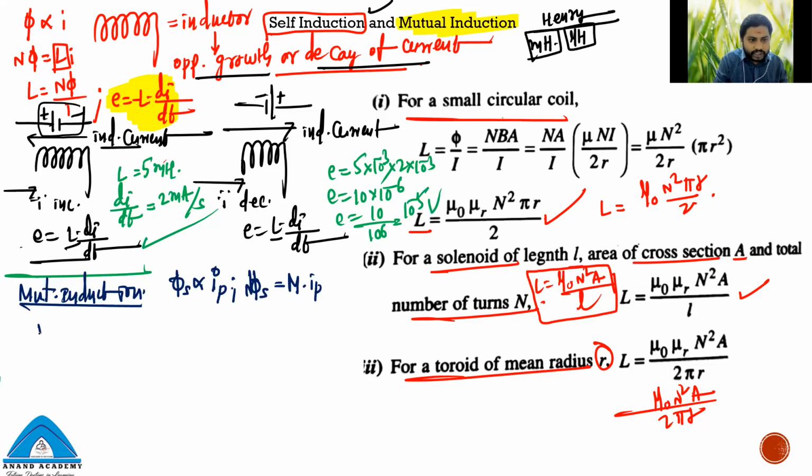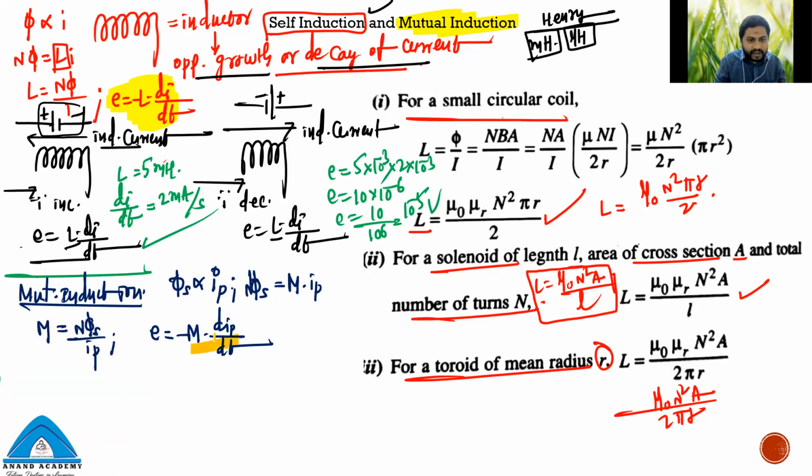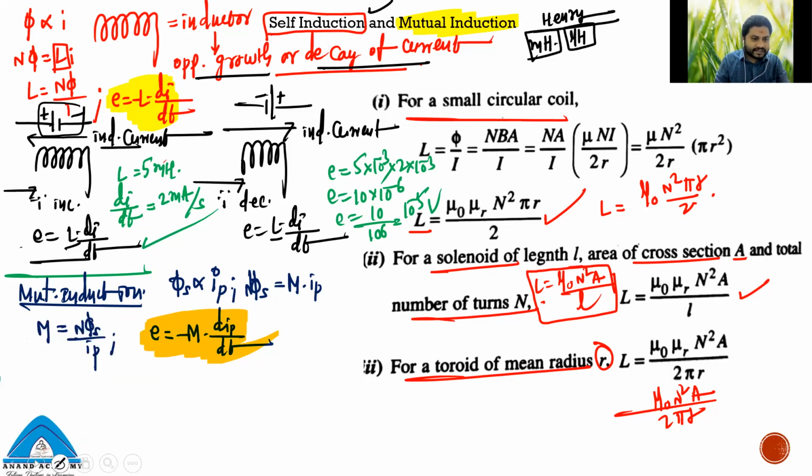So from here, what can I write? M is equal to n phi s divided by IP. Remember this. And E is equal to minus M into dIP by dt. This is a very important expression for the mutual induction, which is the induced EMF due to mutual induction. This is the formula.